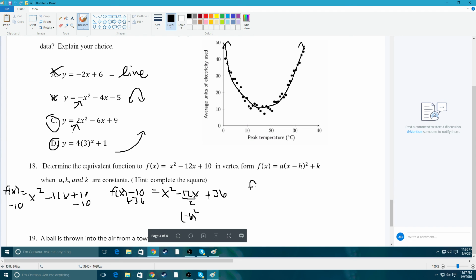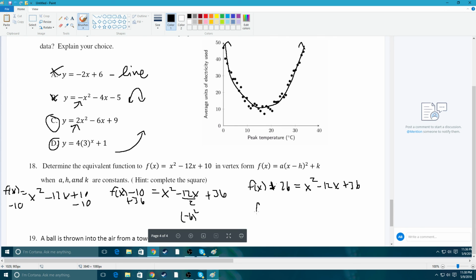So this is f of x plus 26 equals x squared minus 12x plus 36. Then we're going to factor this.